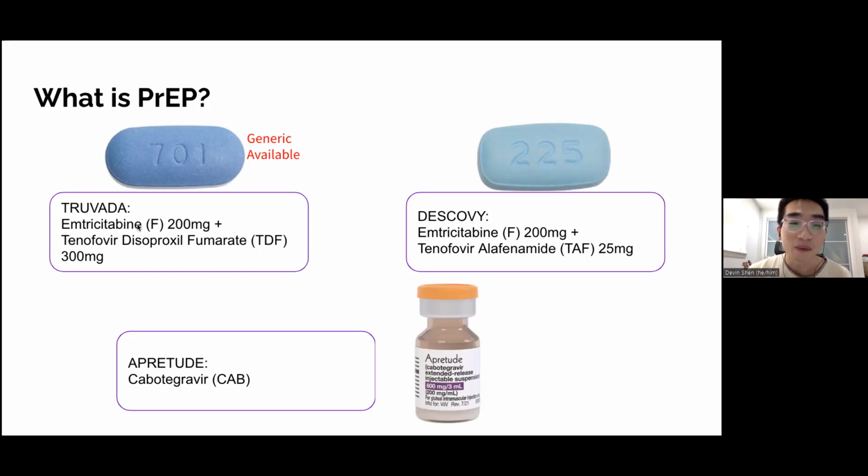The abbreviations we use are F for emtricitabine and TDF for the tenofovir. The newer alternative is Descovy, which is emtricitabine with tenofovir alafenamide, also abbreviated as TAF. Both of these regimens are 1 pill once daily. Newer on the market, there's cabotegravir, an injectable medication given once every 2 months in the clinic.